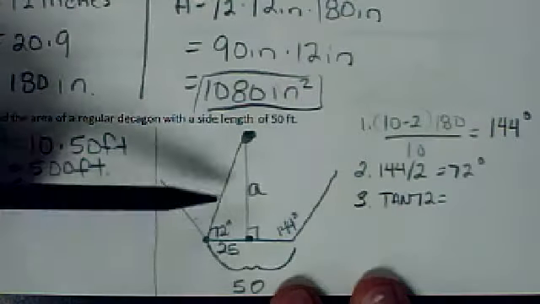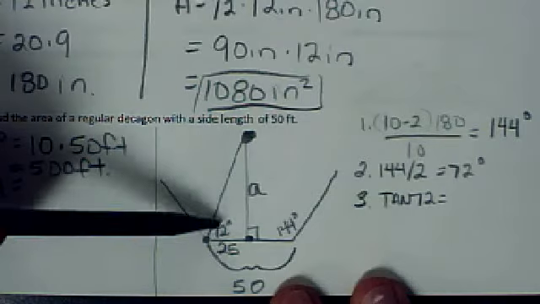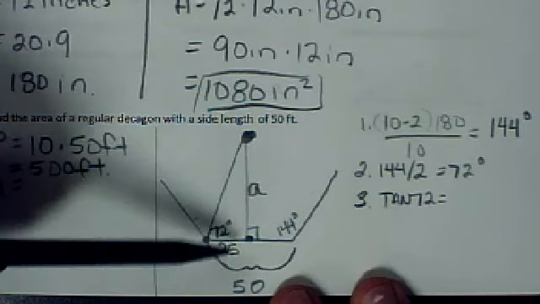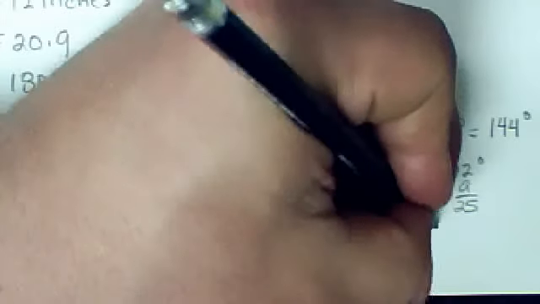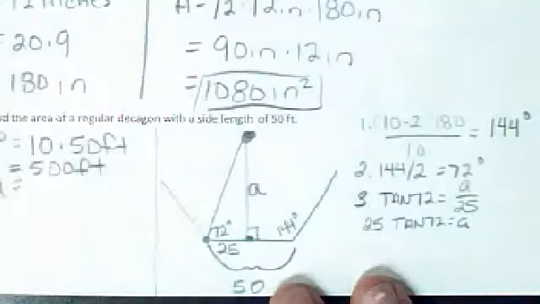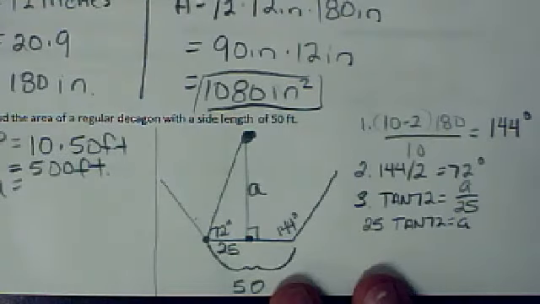So tangent of 72 is equal to opposite over adjacent. Opposite from the 72 is A. Adjacent to 72 is 25. So A over 25. So now I'll be multiplying 25 times the tangent of 72 in order to get my apothem length.